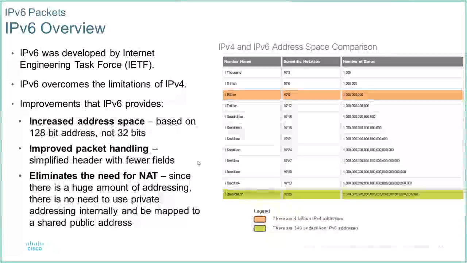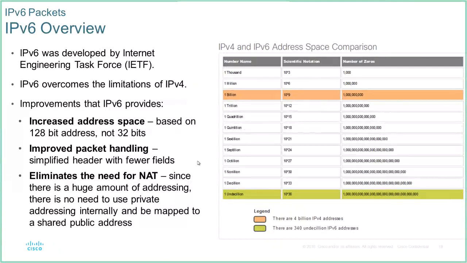IPv6 doesn't allow for this network address translation process that we're used to. So we basically have live addresses throughout. So not to worry, it's going to be fairly easy to set up.